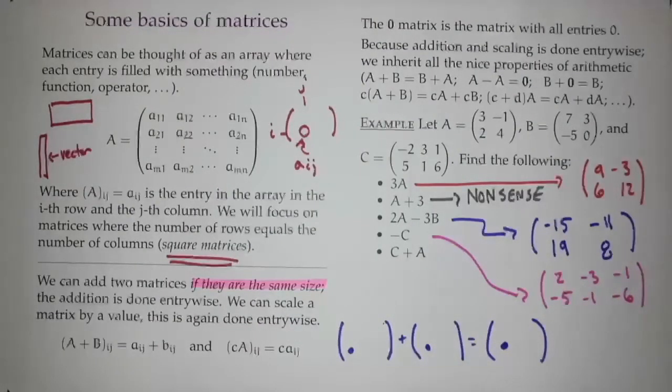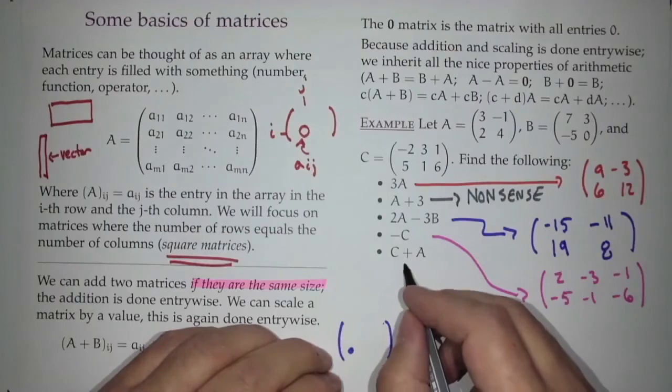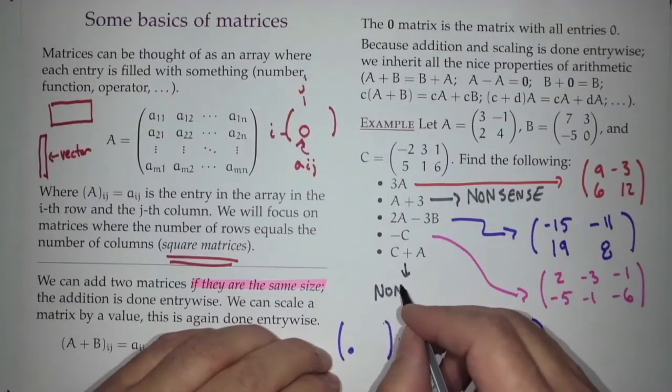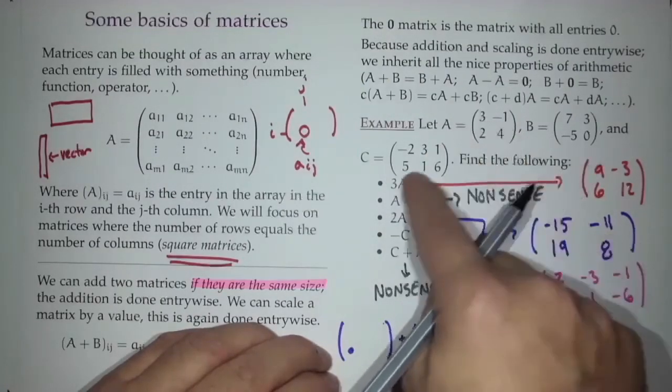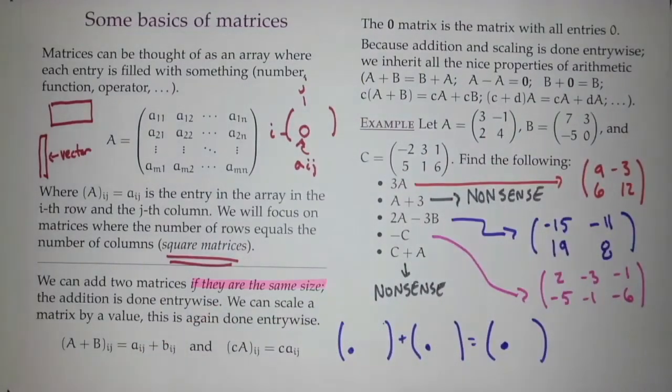And the last one, c plus a. What is this? Nonsense. What's wrong with it? Different sizes. You can only add matrices of the same size. It's like comparing apples with other types of apples. They don't mix. And so that's why we can't make any conclusion.